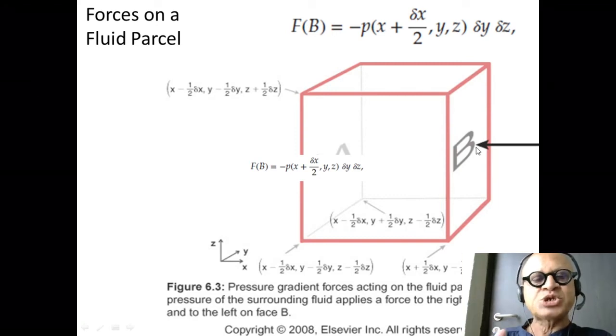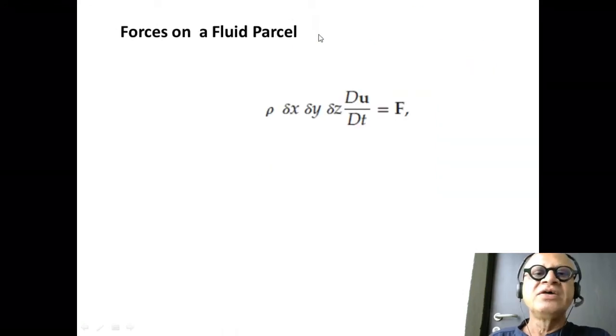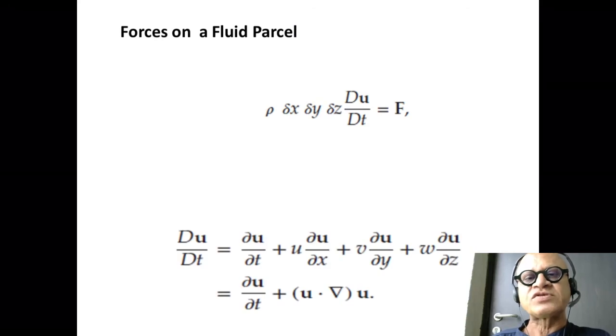So the average pressure acting on this face B is acting at x plus half a delta x, and it's acting in the minus x direction, so that just gives you the pressure force at face B. Similarly, you can write the pressure force at face A, and then take the difference for the net pressure force in the x direction.